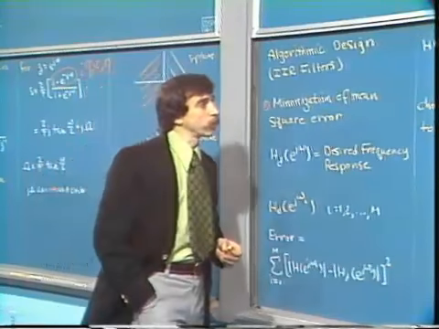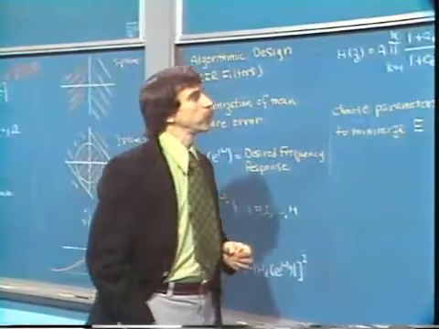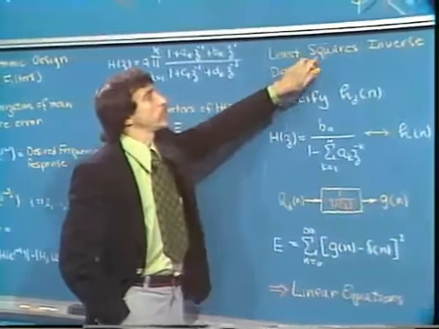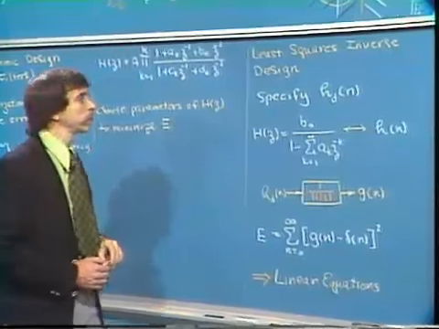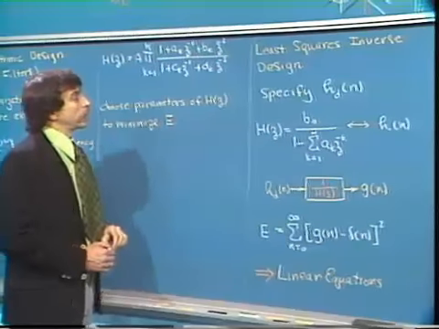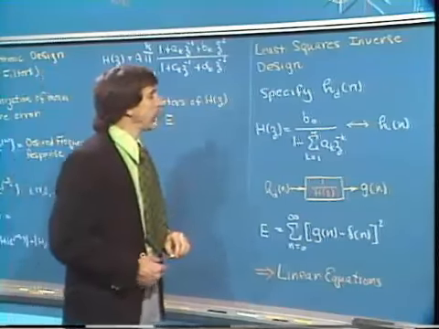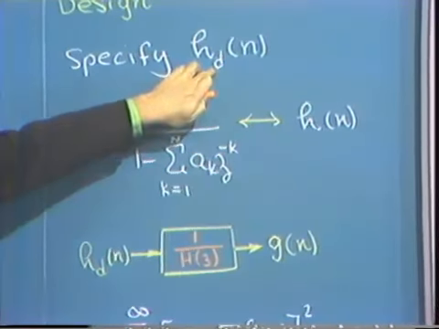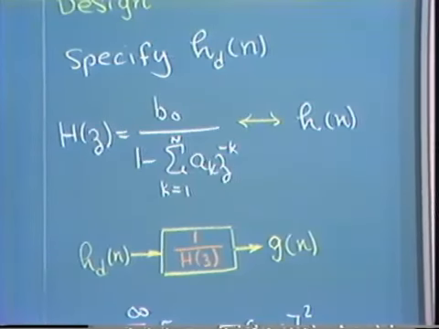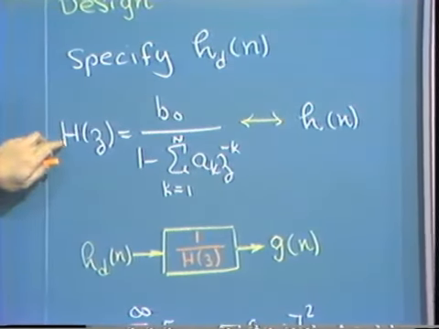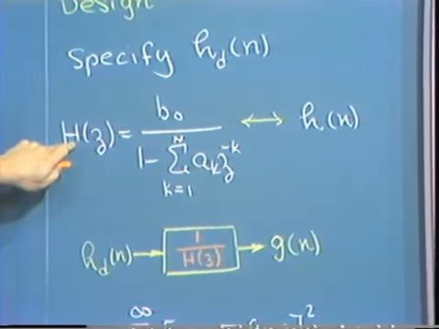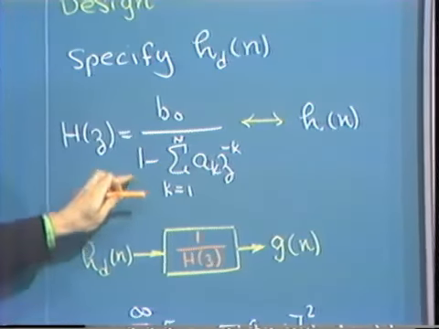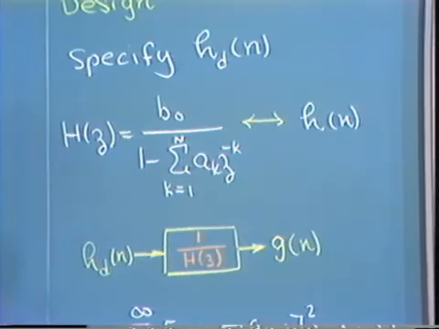Well, there's an alternative to that, which is a method commonly referred to as least squares inverse design. And in that design procedure, we can imagine specifying a desired impulse response. And in this case, we restrict the filter transfer function to have no zeros and only poles.